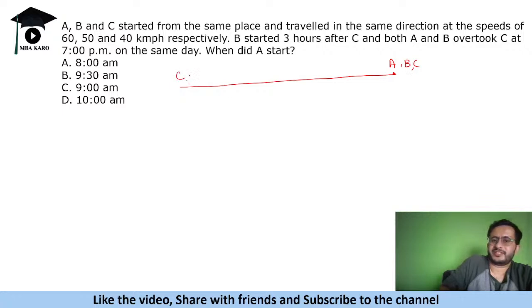So first of all, C will start because C is the slowest. Okay. A few moments later, then B starts. यहाँ पे moments नहीं होगा, hours होगा. ठीक है, moments तो ज़्यादा हो गया.